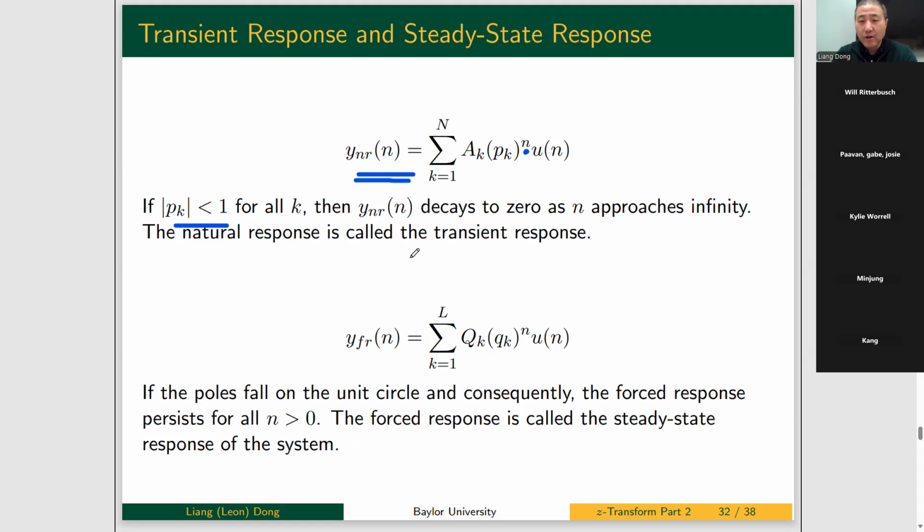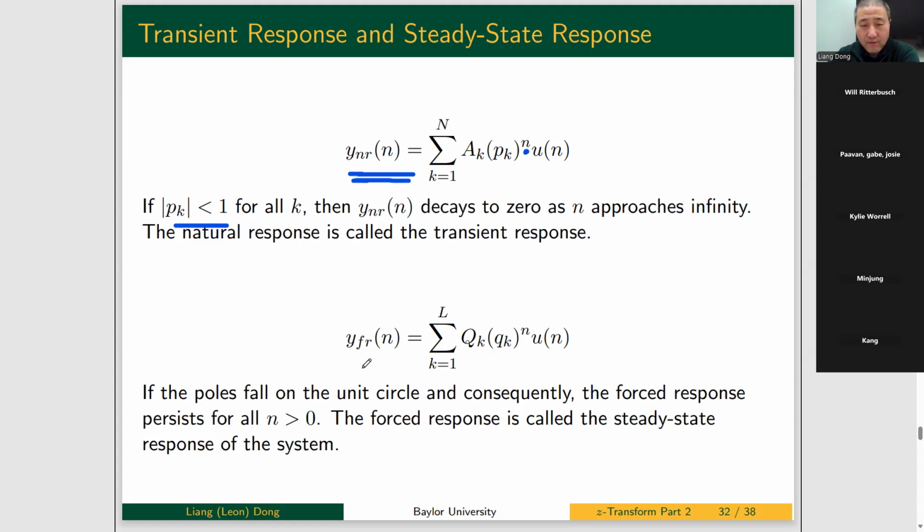Your AC circuit is not going to change suddenly, right? With those capacitors and resistors, it's going to do this transition period. Eventually, the effect of that will die out and it will follow your new signal. So this transition response is caused by the natural response.